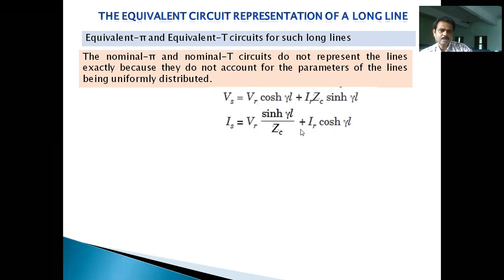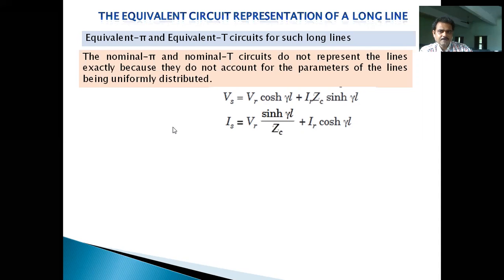We obtained this using rigorous analysis. Now using these equations and the equivalent pi model, we can express the lumped parameters in terms of distributed parameters.